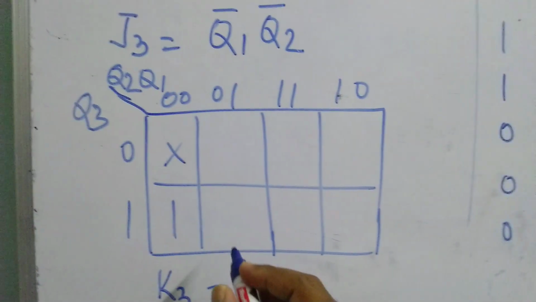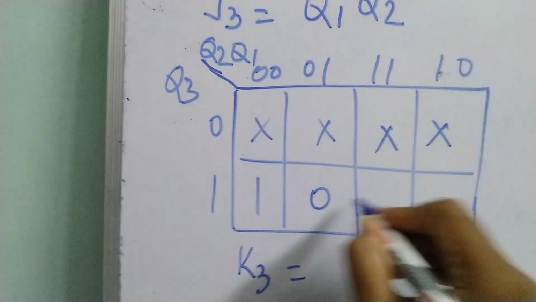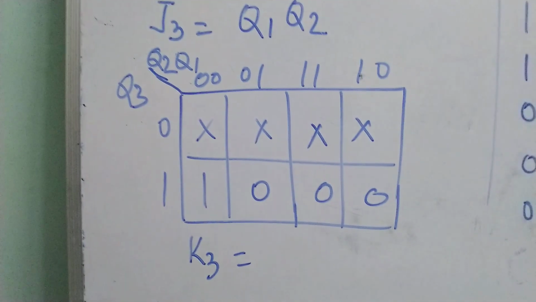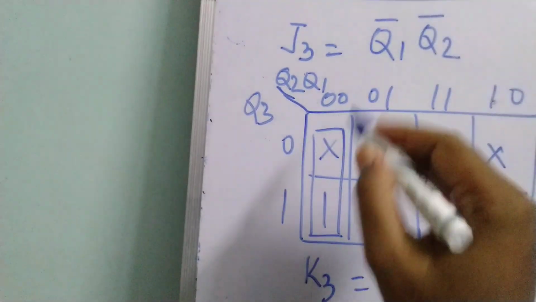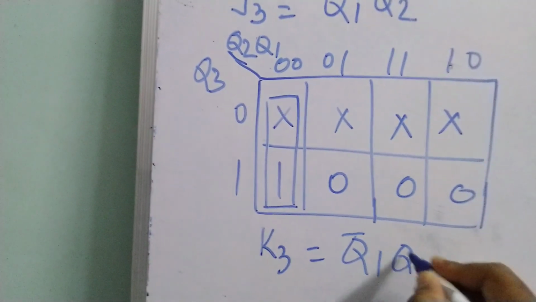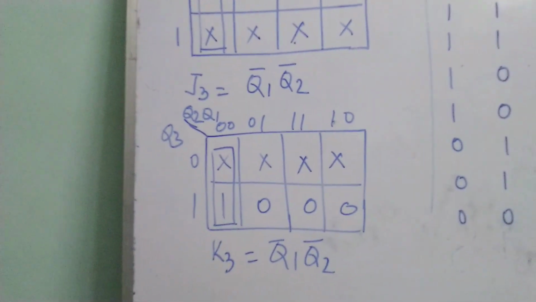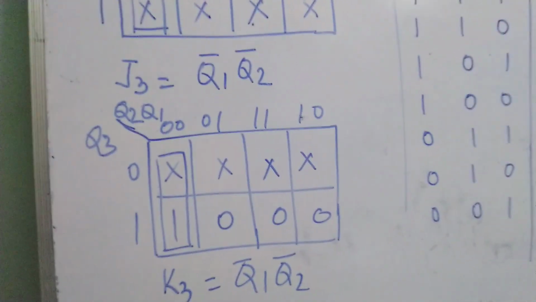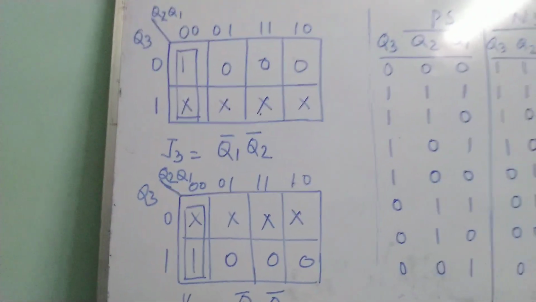Then here also this one makes a pair, and we may write Q1 bar, Q2 bar. So J3 and K3 both are Q1 bar, Q2 bar. Now we will do it for J2 and K2 and J1 and K1.